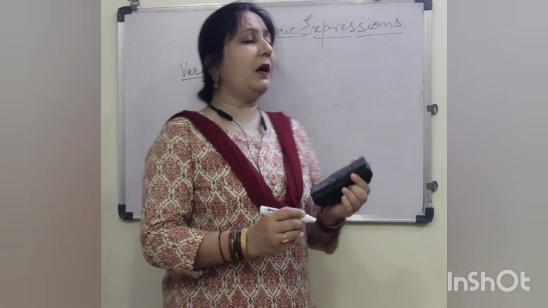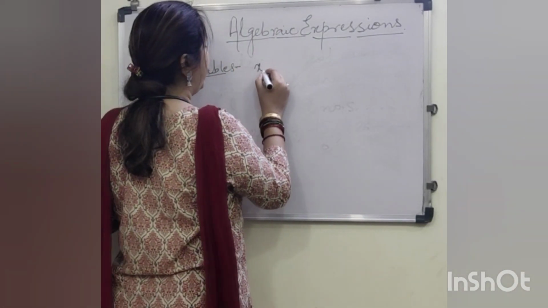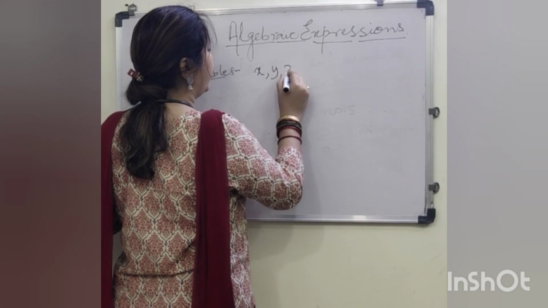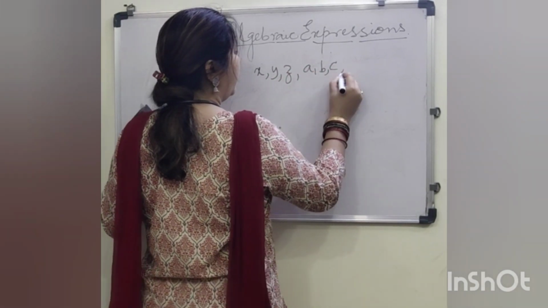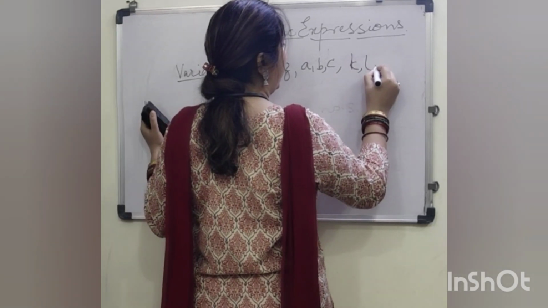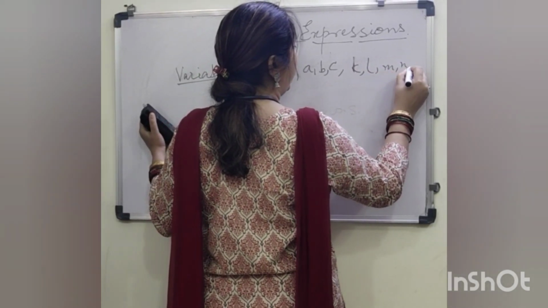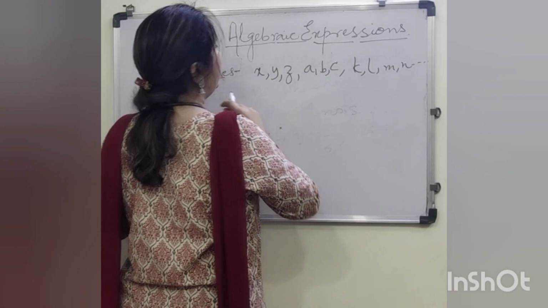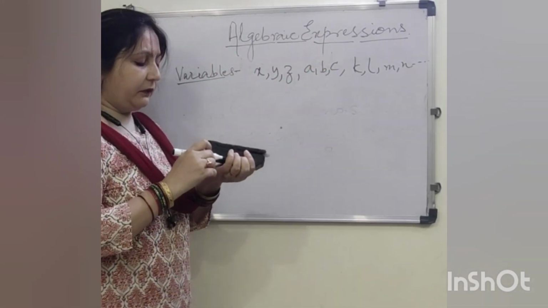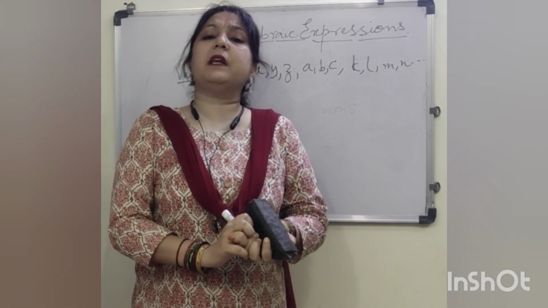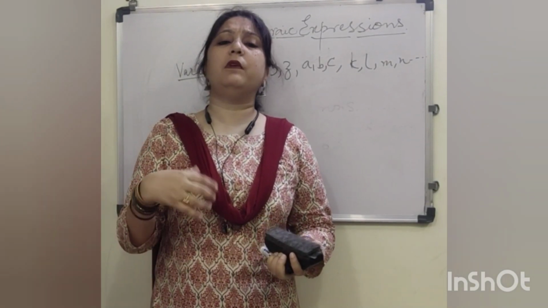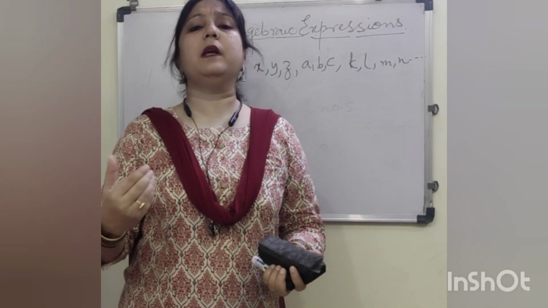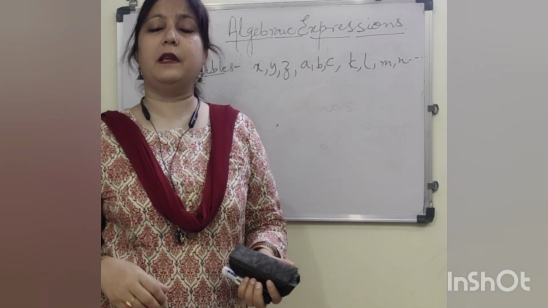In algebra, all small alphabets that we use, X, Y, Z, A, B, C, K, L, M, N and so on, are all variables because wherever they will be written and solved, their value will be different. So these are known as variables.